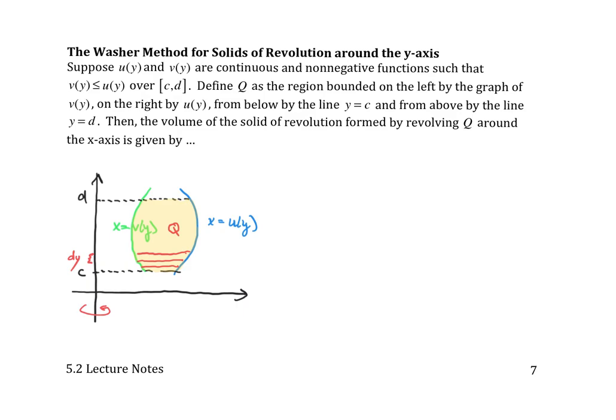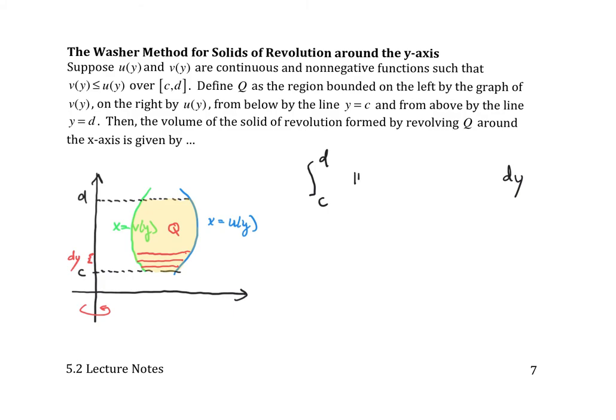It's a dy type situation. And the only thing that really changes is, once you've picked out the fact that your integral is a dy integral, then the limits of integration will be the smallest y can be, in this case that's c, and the biggest that y can be, which is d like this.